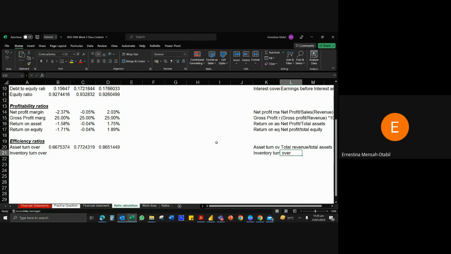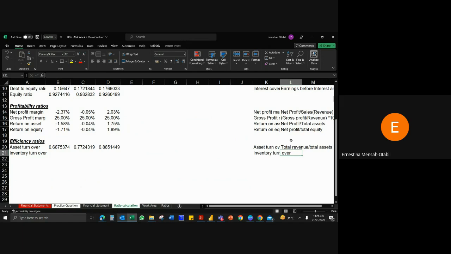So how do you calculate inventory turnover? You would just think that you are going to use the inventory over the average inventory.